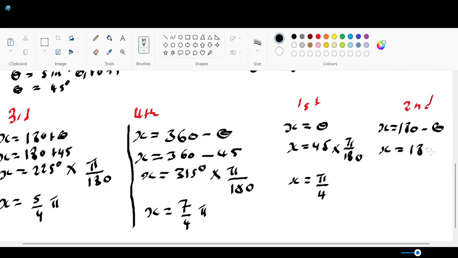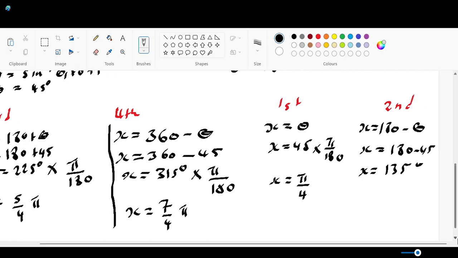Okay, so how are you going to do it now? It's going to be 180 minus theta, and our theta is 45. So our answer is going to be 180 minus 45. You're going to get 135 degrees. So you need to change this into radians.